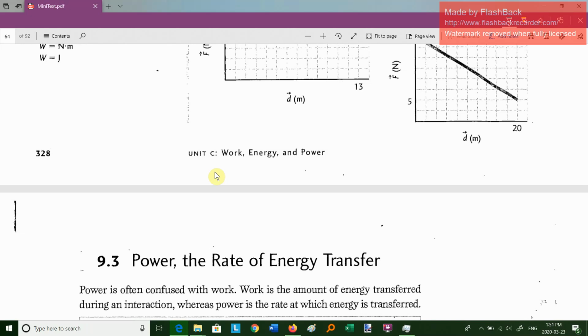So 21, 24, 28. I want to do one at an angle, maybe on page 370. Those were all straight. Page 370. Well, they really don't want to give us any at an angle, do they?